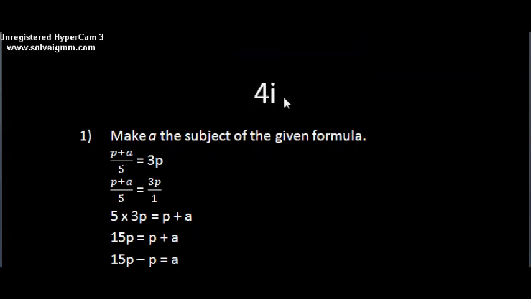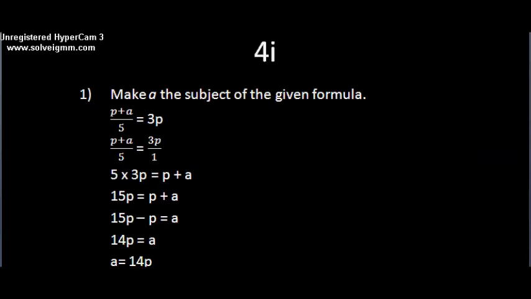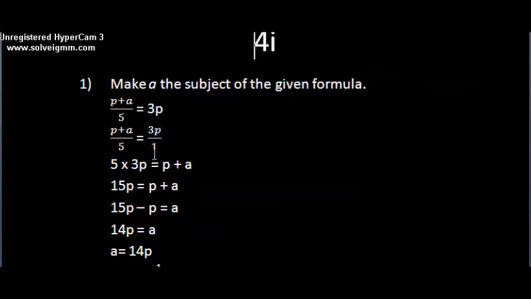Exercise 4I. Make a the subject of the given formula. It means you have to find the value of a. The question is p plus a over 5 equals 3p. You can write 3p as 3p over 1. Now here you have a single denominator 1, and here you have a single denominator 5.